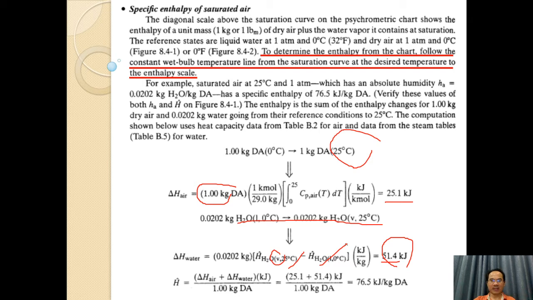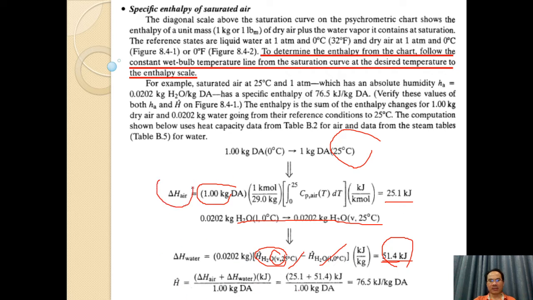Then you get the enthalpy, because in the steam table, the enthalpy is referenced to the triple point. For this case, it's not necessary to integrate Cp. You read from the table and get 51.4 and 25.1, and then you calculate the specific enthalpy.